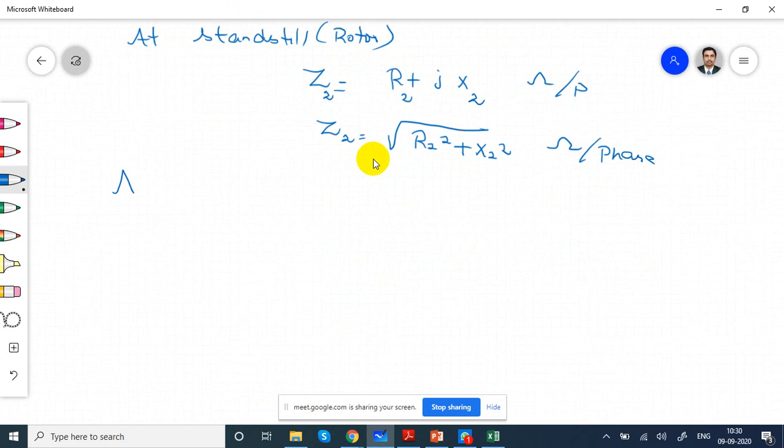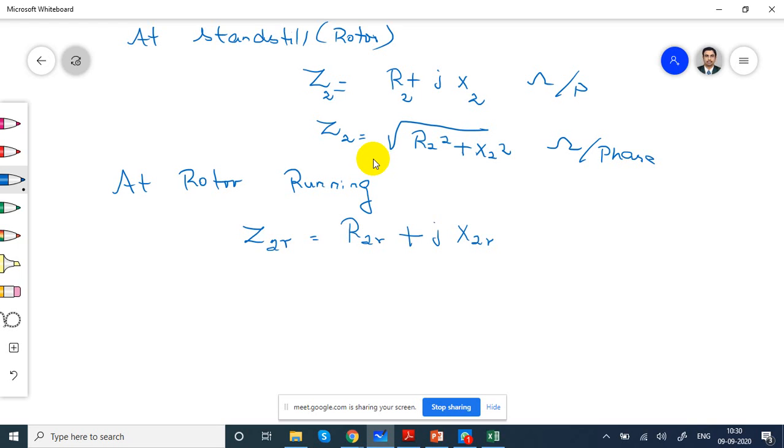Next, at rotor running, Z2R equal to R2R plus jX2R. Normally the resistance value in stator and rotor is the same.